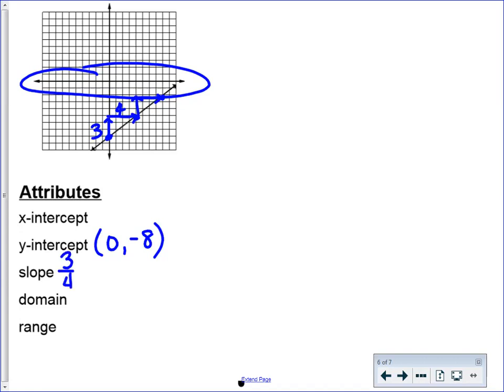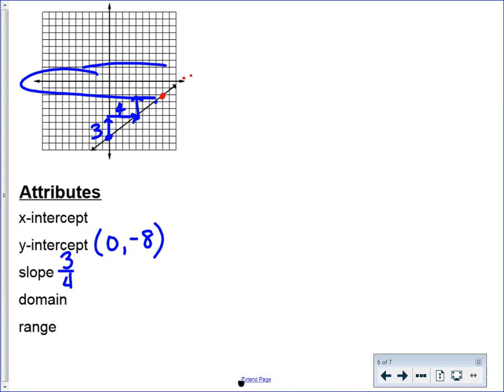Now, I can go ahead and come back to that x-intercept now, because I can use that slope to help me find what my x-intercept is. My last point that I had was right there. So at this point here, I need to rise 3, 1, 2, 3, run 4, 1, 2, 3, 4.